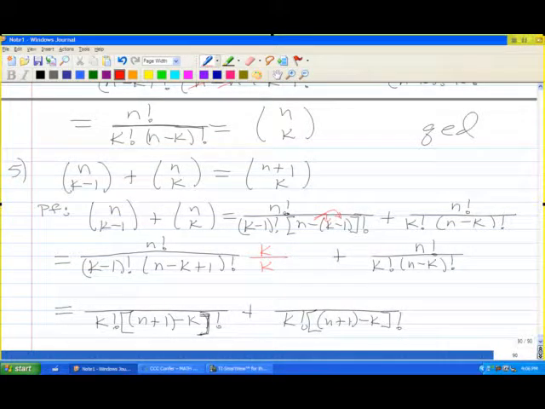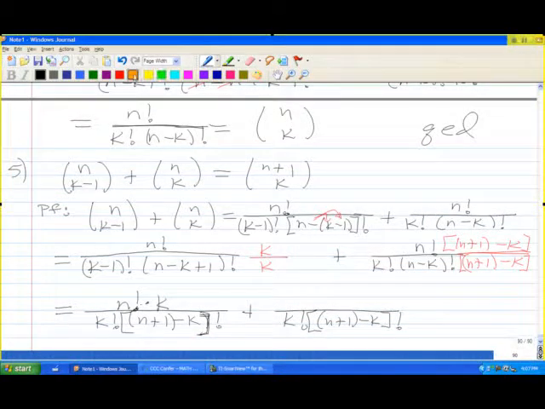Here, I'm missing the n plus 1 minus k term. And so this becomes n factorial times k.